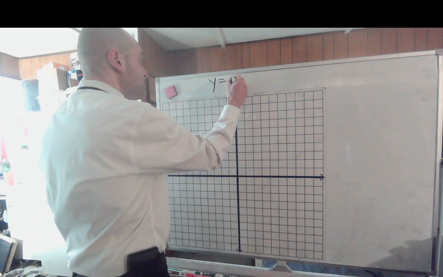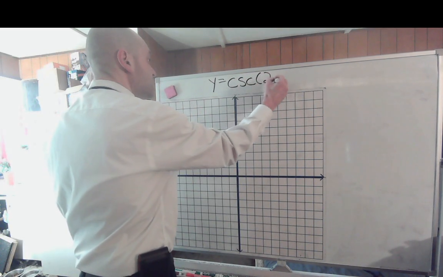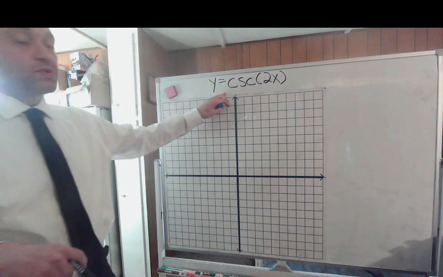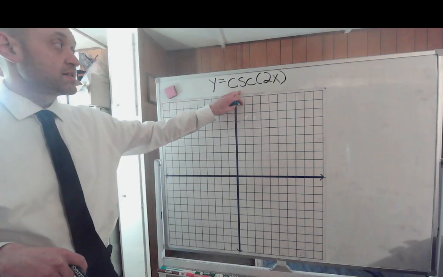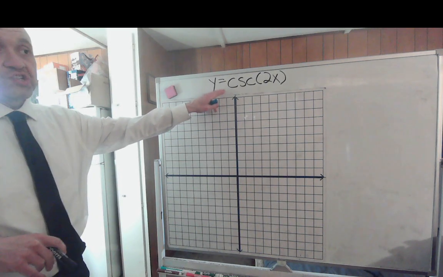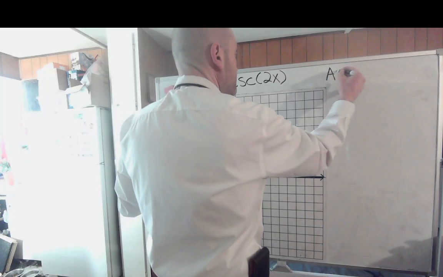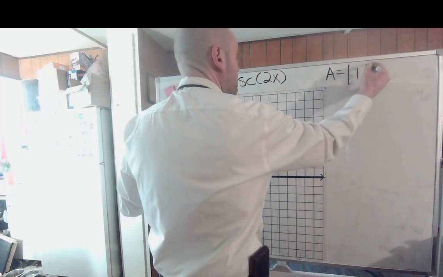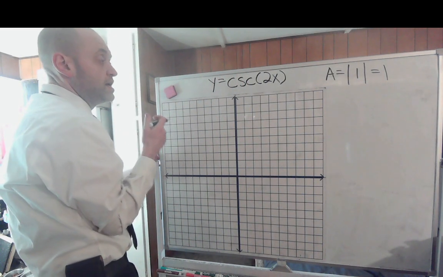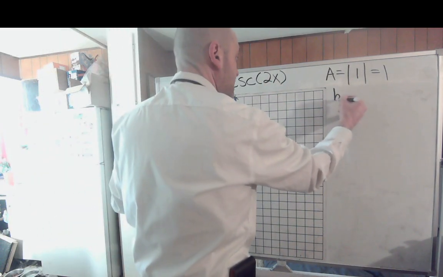So we have the cosecant of 2x. So y equals the cosecant of 2x. Let's look for our amplitude first. What's the coefficient on the cosecant? It's still 1, right? So my amplitude would equal the absolute value of 1, which is 1. So that's easy enough. Now what's my b? That's 2 because that's my coefficient on the x.